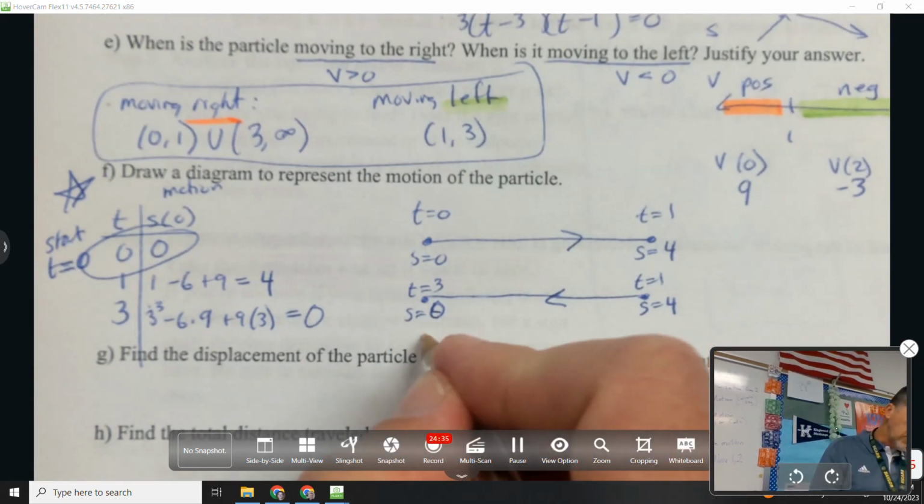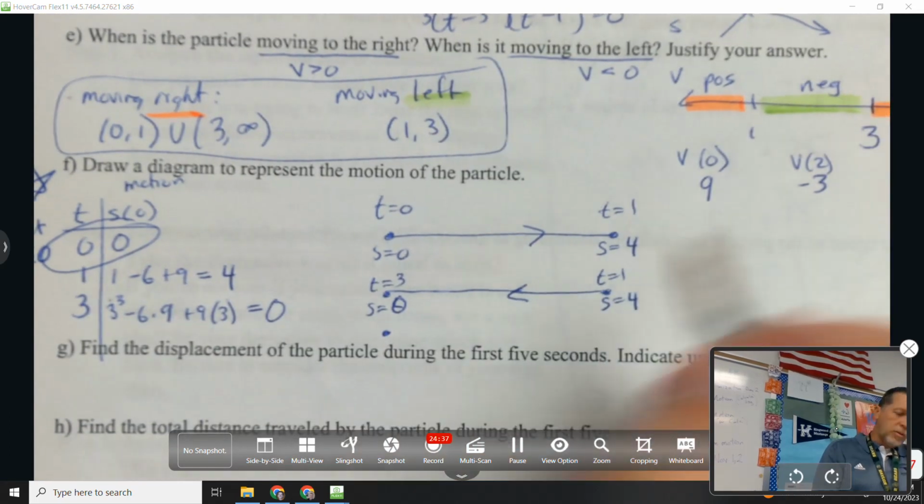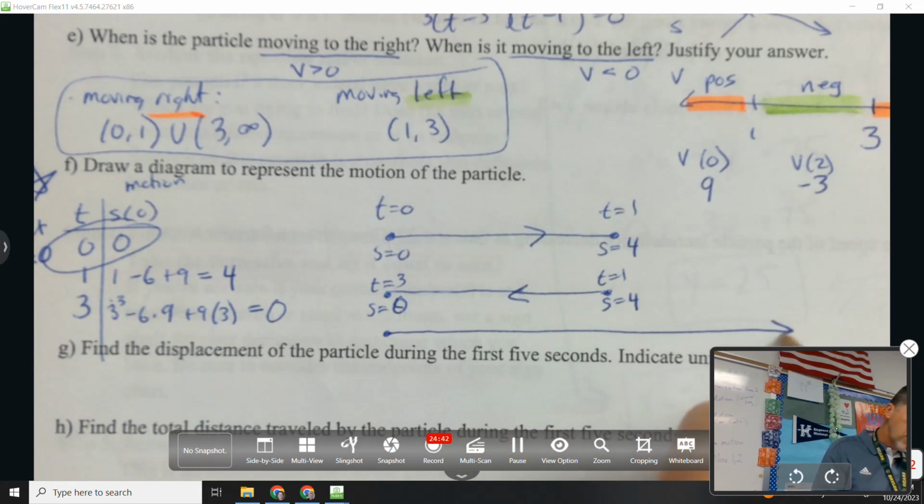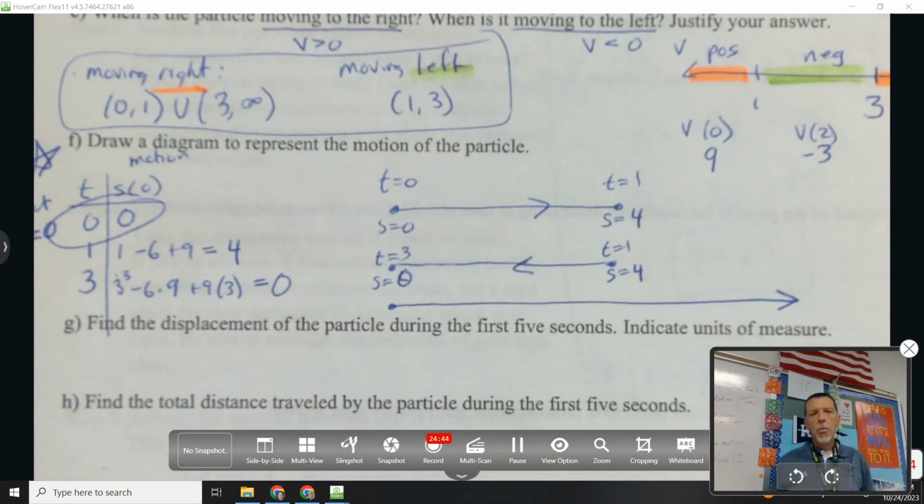From t equals 3, our velocity is positive, so we're turning around and going the other way forever now. And I don't really have any points over there, I just know that it goes forever that way. That's our motion diagram. It's an attempt to capture position and velocity and time all in one picture.